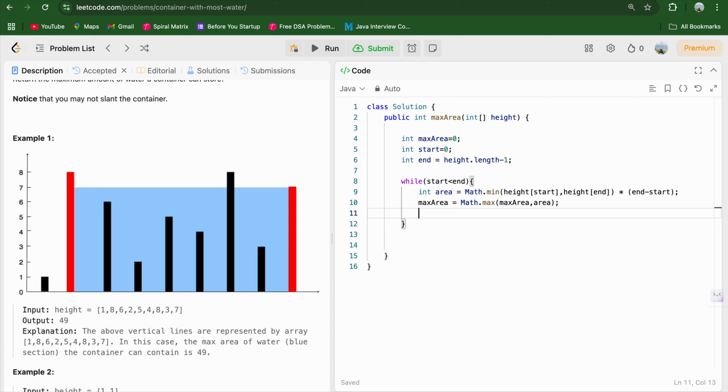Now we need to increment or decrement our start and end pointers, and how we are going to do that. So we will be checking whichever is the lowest, and we will be incrementing that.